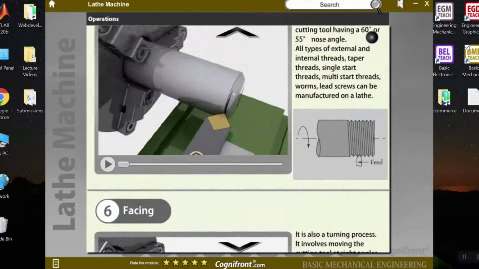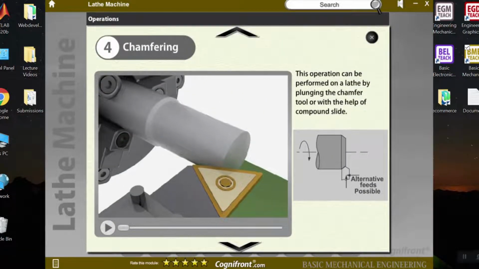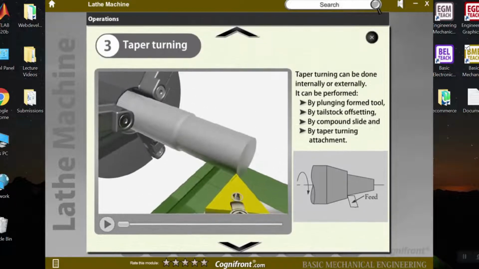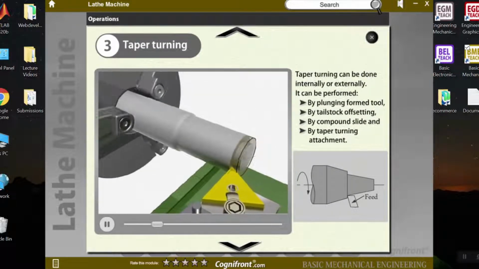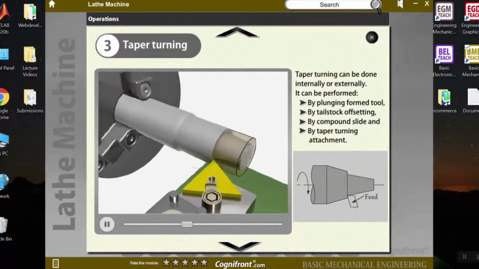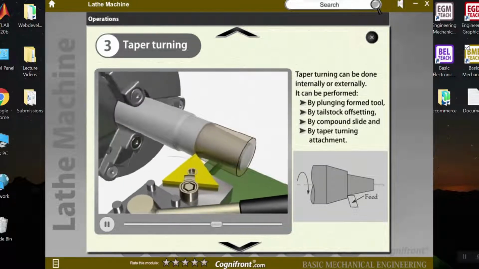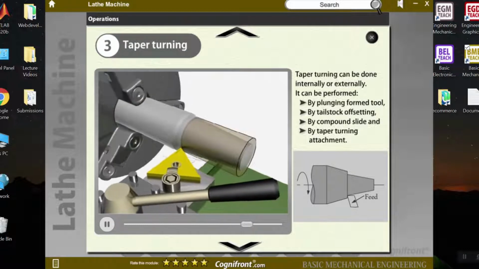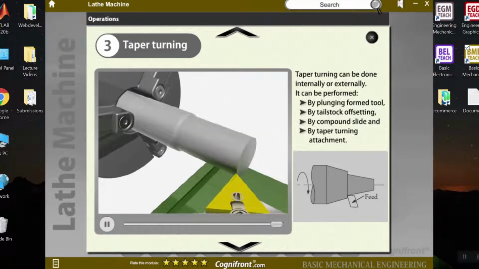I will show you one of the videos of an operation. Let's take taper turning. So we can see how a taper turning operation is performed.